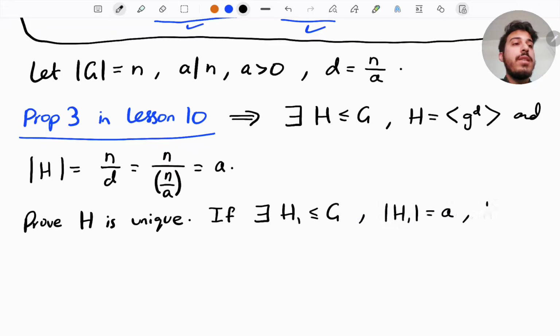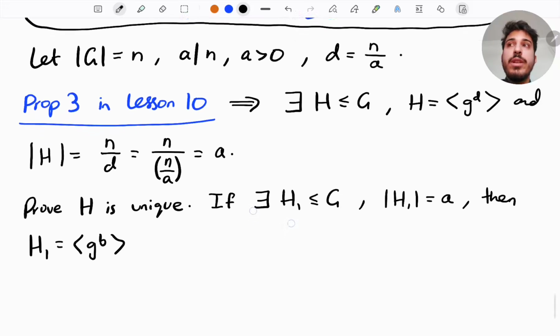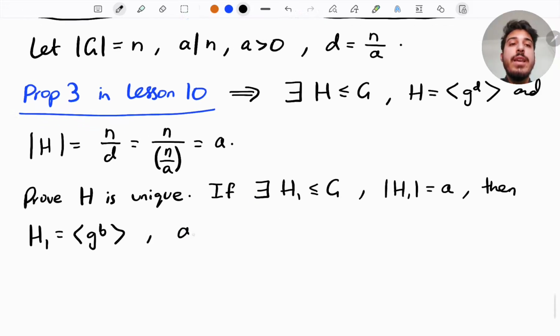Then we can say that H1 is equal to the group generated by g to the b by the same argument using proposition 3, and that a is equal to the order of the generating element, because the order of the group equals the order of its generating element, as we've seen in proposition 1 in lesson 10.